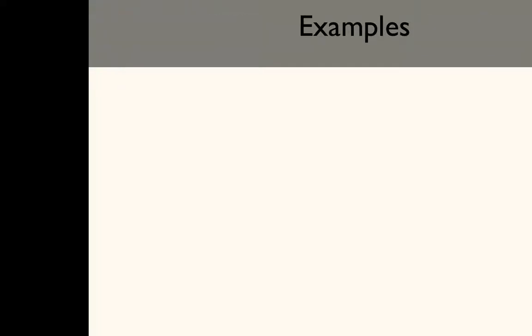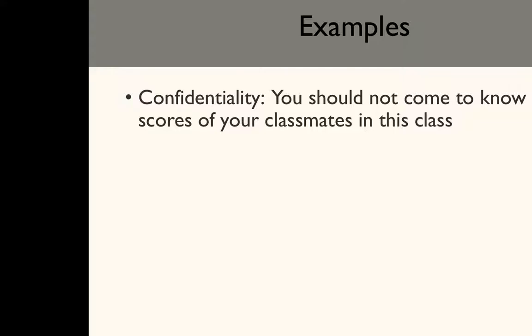To help you better understand this, I will give you some examples. Everyone in this class will take exams and get a final score. You are not supposed to know the score of your classmates unless they gave it to you. So someone else's score is confidential.